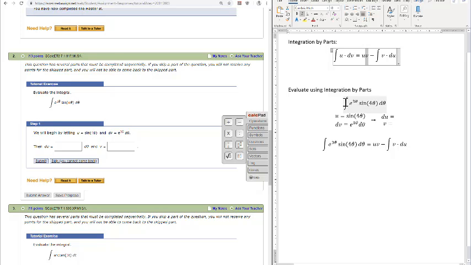Okay. So let's see. According to what they wanted in this setup, first of all, for u, if you had a choice, usually polynomials and things that you cannot integrate would be candidates for u, and then the other one would be for dv. But in this particular scenario, it's not going to matter because both the exponential and the trig functions kind of alternate.